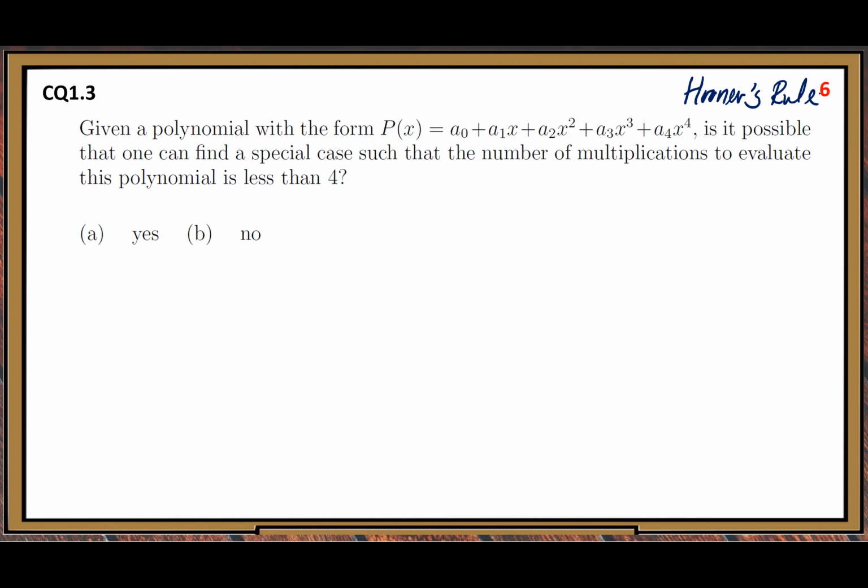Look at this phrase, a special case. I do not ask you the general case, I ask you the special case. Why is that? Because Horner's rule covers the general case.